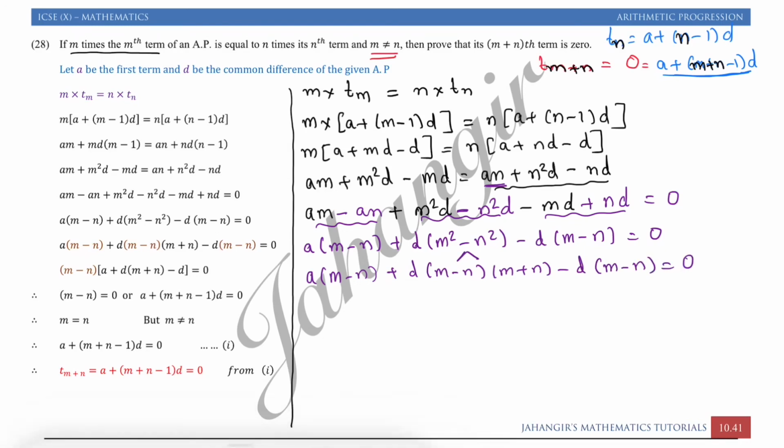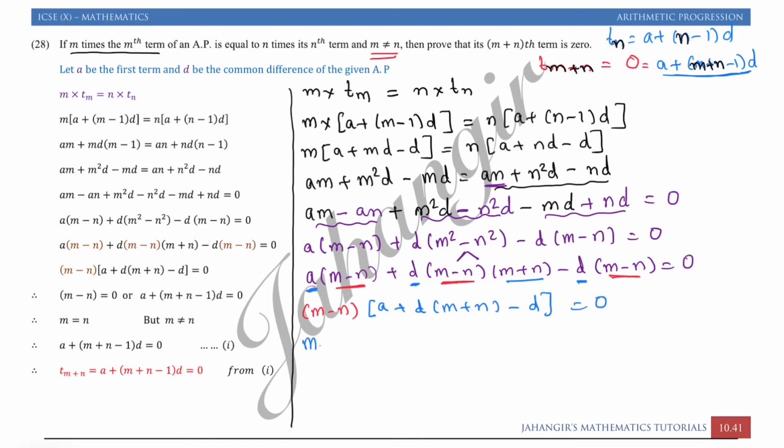Now we have (m minus n) over here, here and here, so (m minus n) will be taken out as common. The remaining terms will be in another bracket. Here I get a, I will mark whatever is left in blue, plus d into (m plus n) minus d, that is equal to 0.